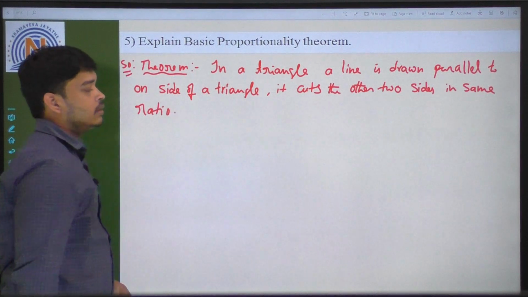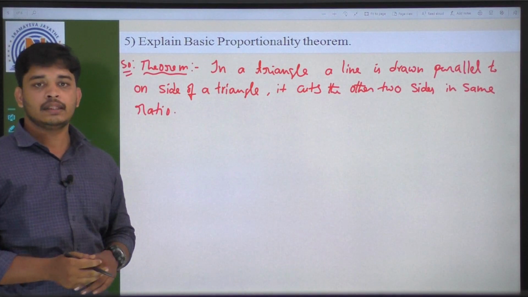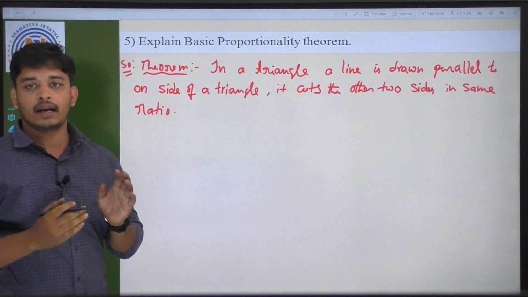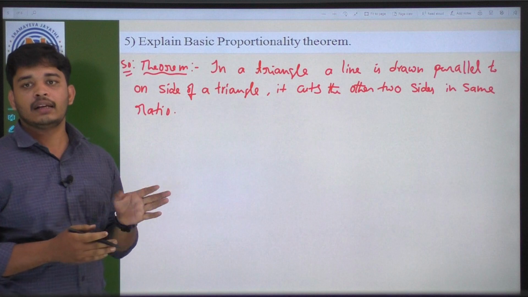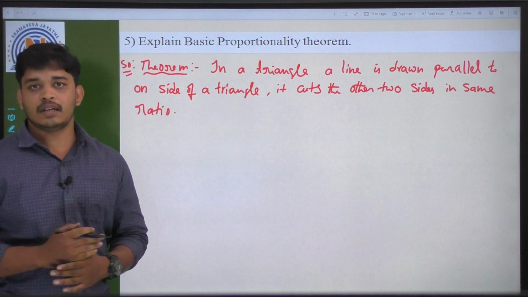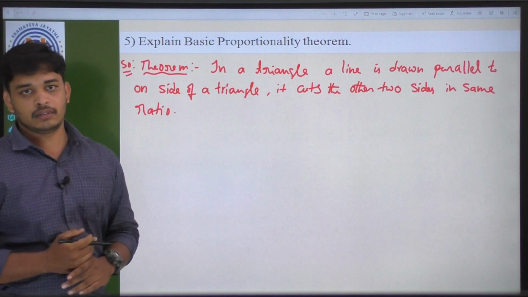That is called the basic proportionality theorem. In a triangle, a line is drawn parallel to one side of the triangle. It cuts the other two sides in the same ratio or same proportion, right?